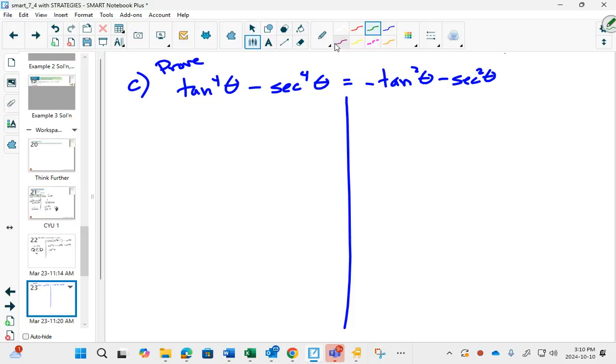A very important strategy that comes up a fair bit is factoring, particularly factoring difference of squares.